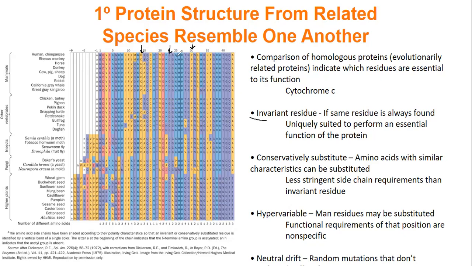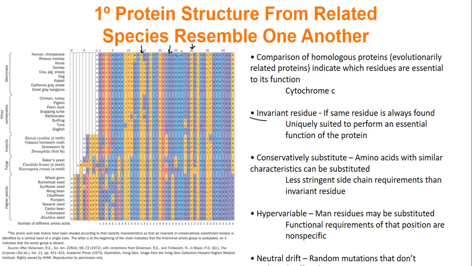What this tells you is that that amino acid is critical to the function of that protein at that position. That means, for example, at position 14, if you have a mutation that changes that cysteine into something else, then that cytochrome C no longer works.